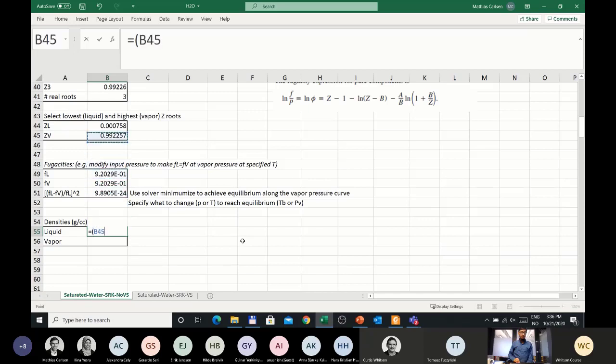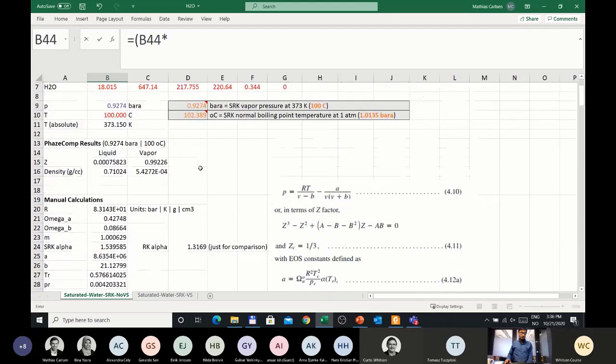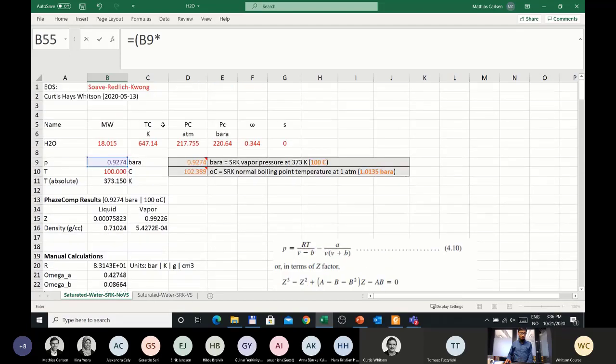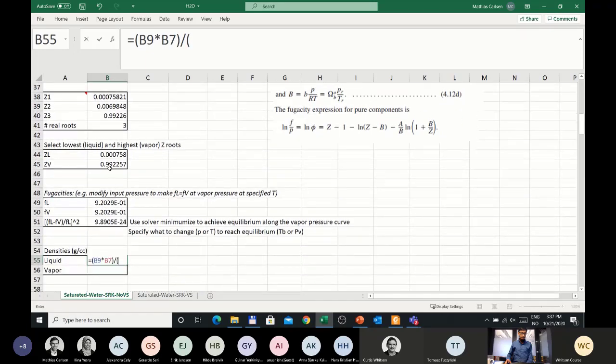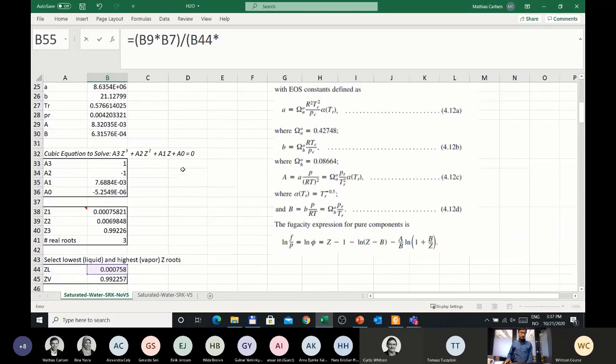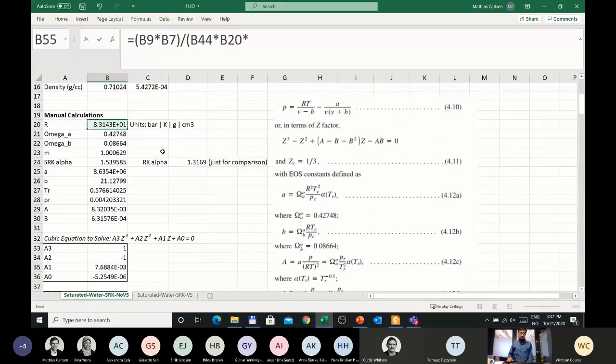So we can just take the pressure times the molecular weight, which is here, divided by the Z factor calculated times the R value times the T value.